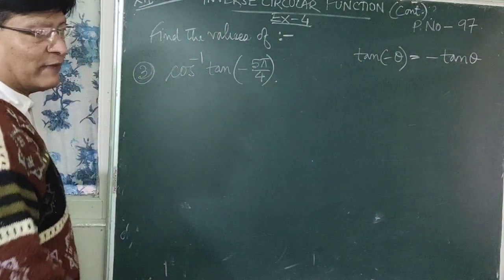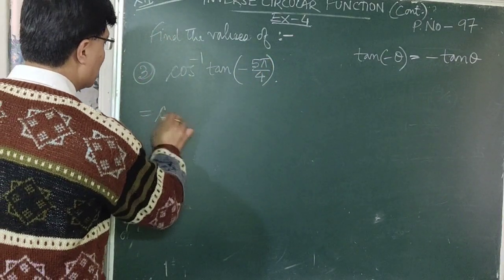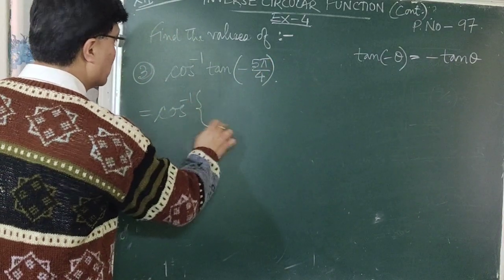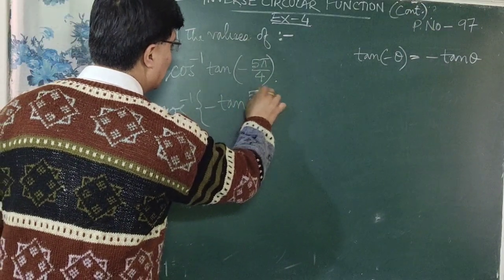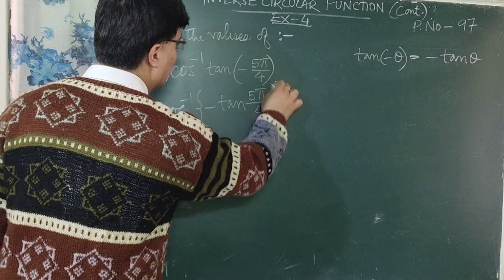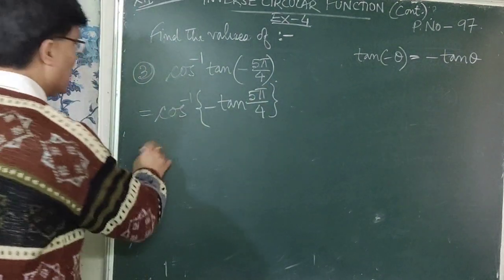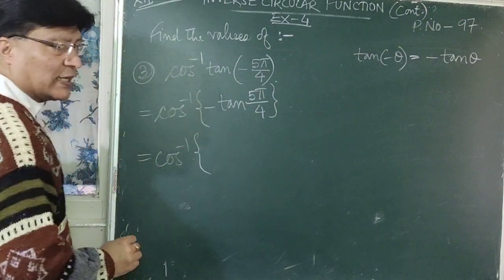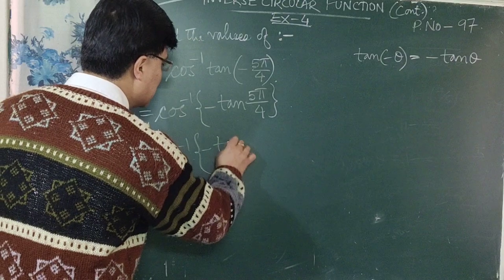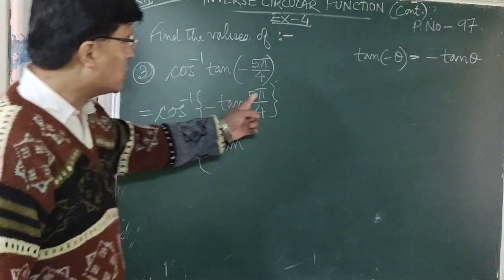So it is minus tan theta. Okay, now let us find out the value for tan of minus 5 pi by 4. So cos inverse within second bracket, it is minus tan 5 pi by 4, right? Which is equal to cos inverse, now within second bracket, minus tan, let us convert it into degrees. What is pi by 4?